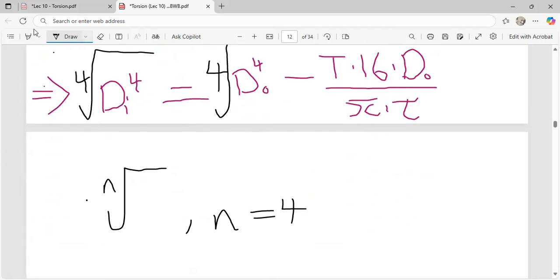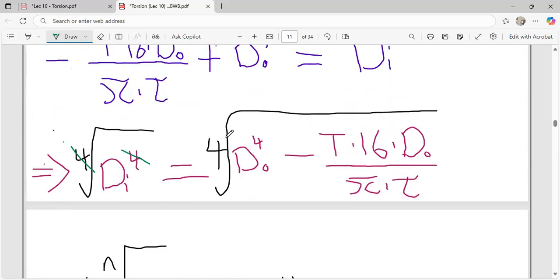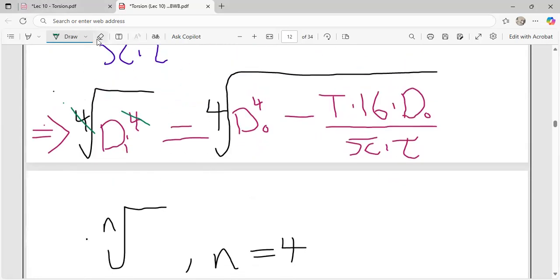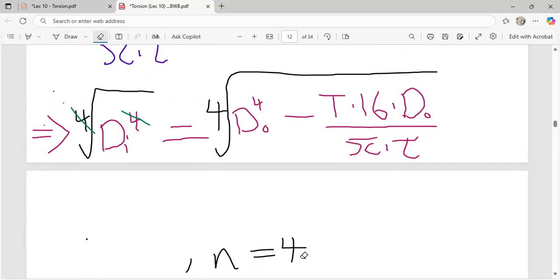Finally, we realize that this 4 is going to cancel this root. And then we can say that our external diameter can be calculated using this formula.